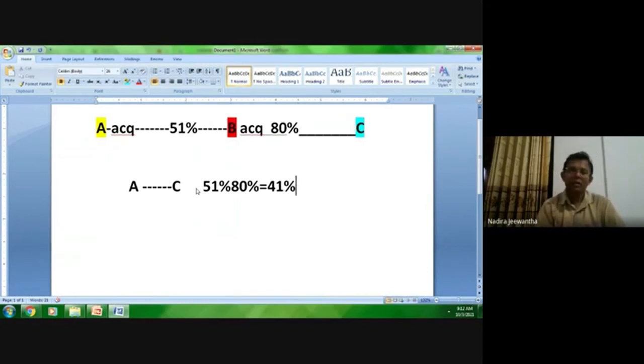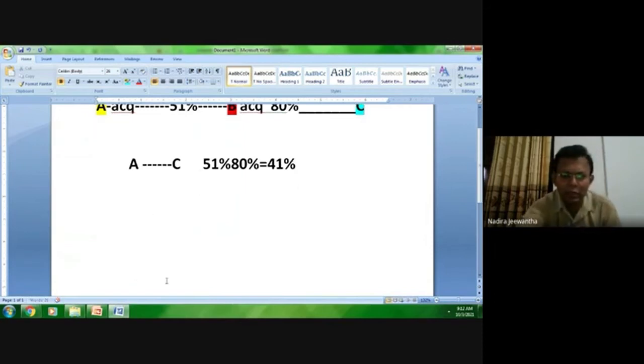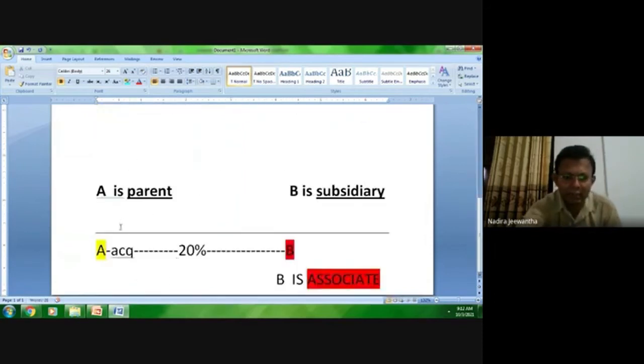Now remember, when it becomes a subsidiary, you take the entire assets and liabilities when you prepare the group accounts or the consolidated account. But when it becomes an associate company, we say A has significant influence on it. Now see the word significant influence.